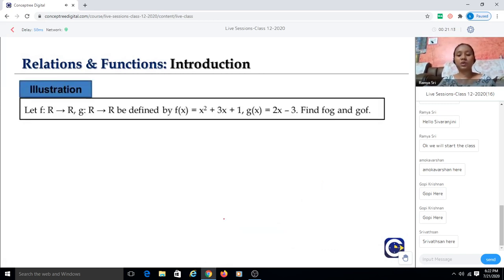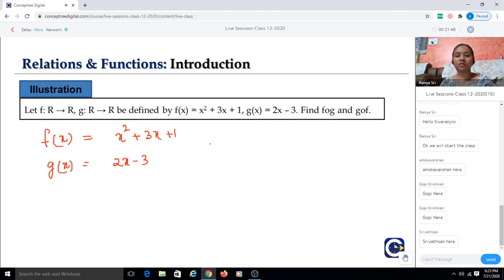Now let's see a question here. Let function f mapping from R to R, which means real numbers, and a function g mapping from R to R, again real numbers, be defined by f of x equals x square plus 3x plus 1, and g of x equals 2x minus 3.